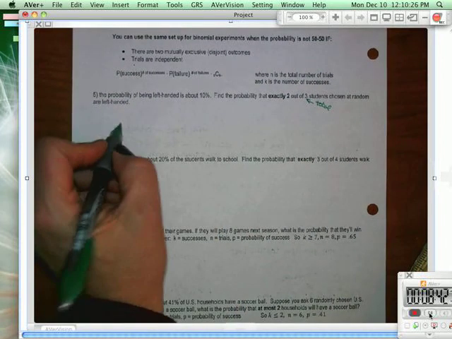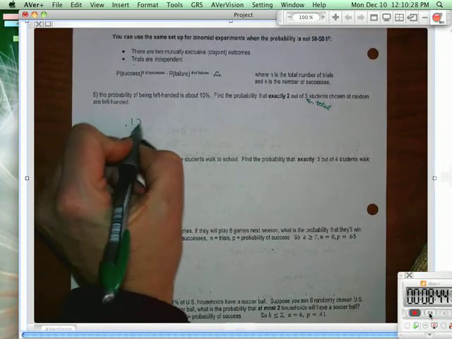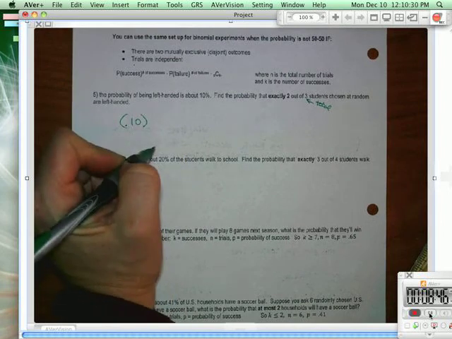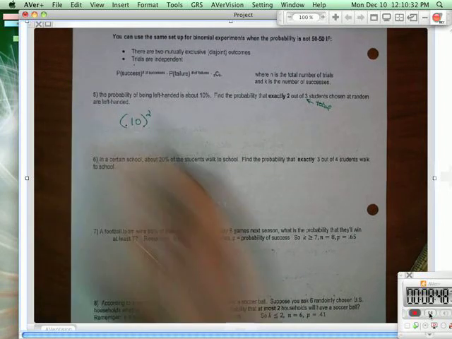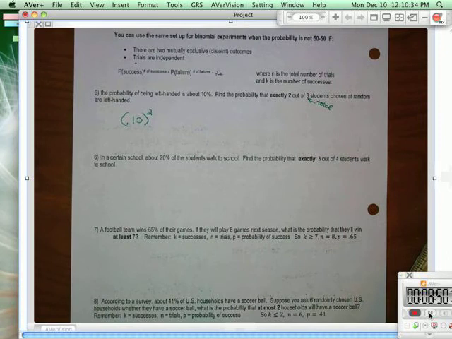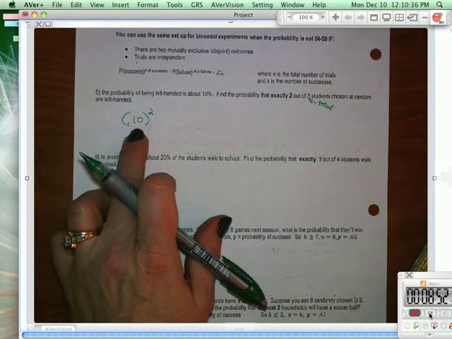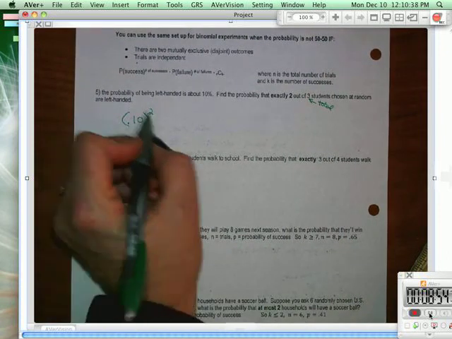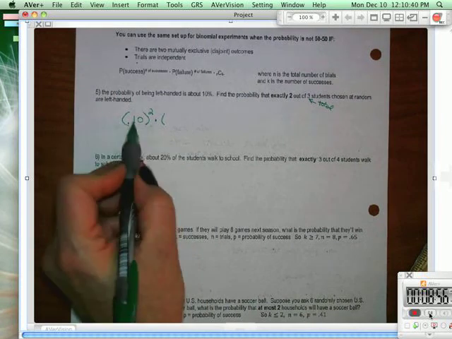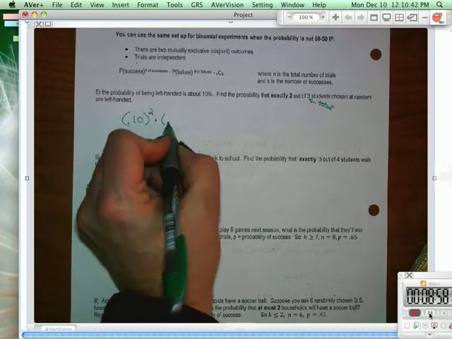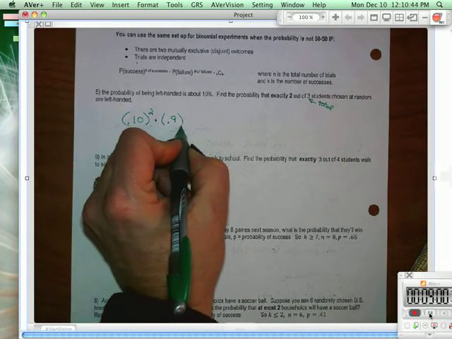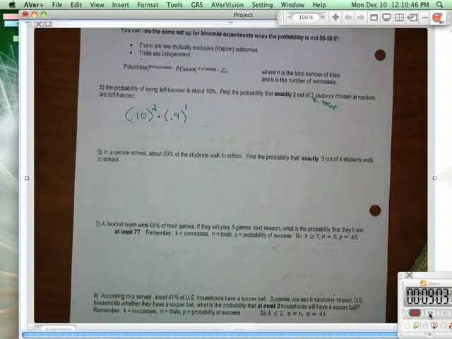So I know that there's a 10% chance of getting left-handed, and I want to know if I choose out of 3 students that 2 of them will be left-handed. That's my successes here. Then you have to consider that there's a 90% chance of failures, and I only want 1 of them to not be left-handed.